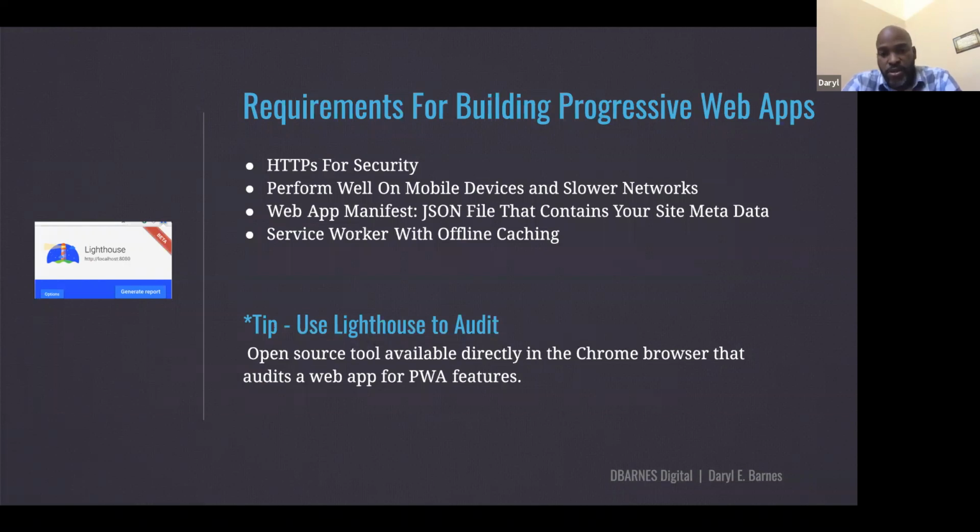It's open source and available in the Chrome browser. And I think there's also the ability to automate the entire process using command line tools as well. So Lighthouse is a really good tool to make sure you're following all the requirements.